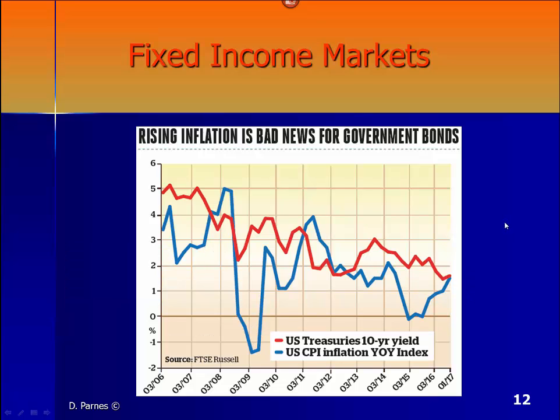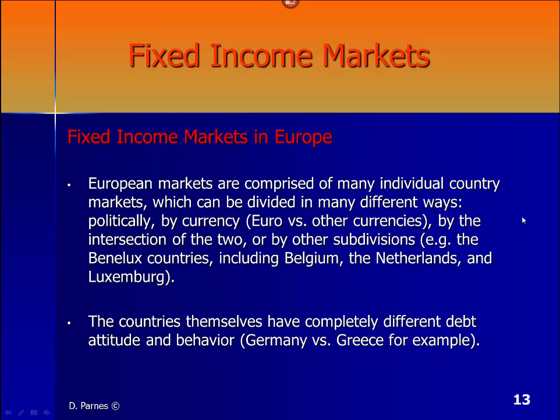But the general idea here, for that period from March 2006 until January 2017, is that the yield and the inflation are negatively correlated.